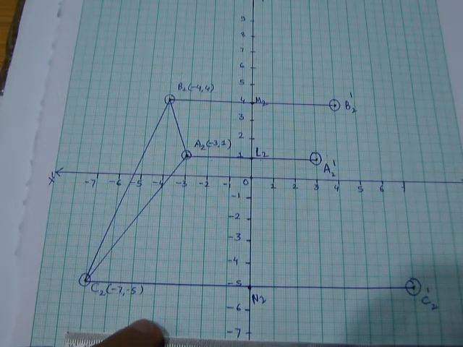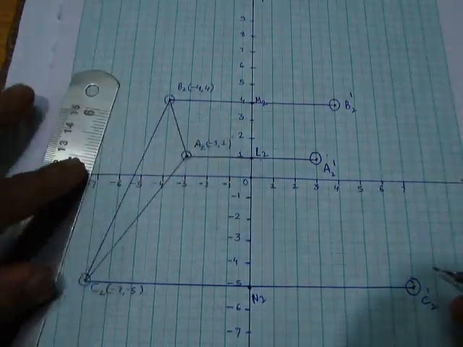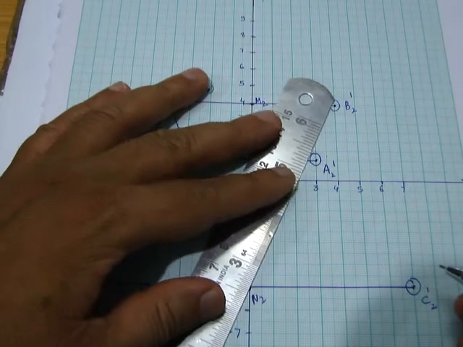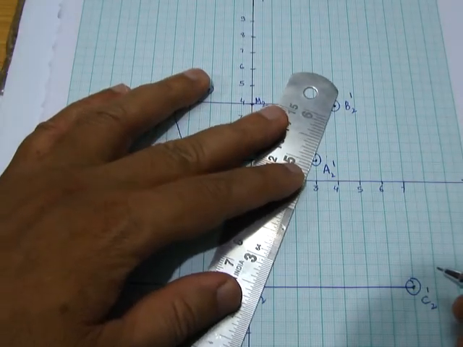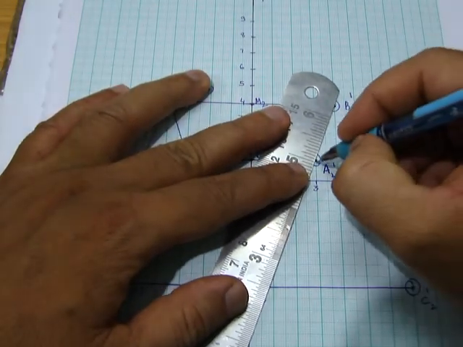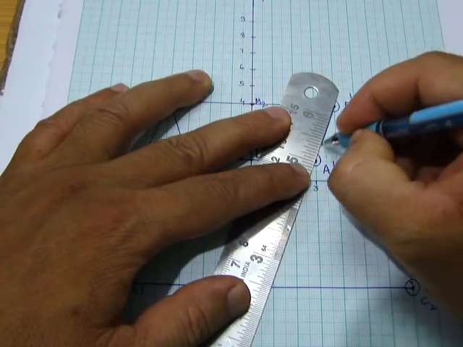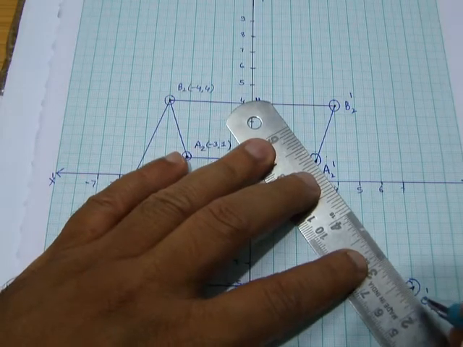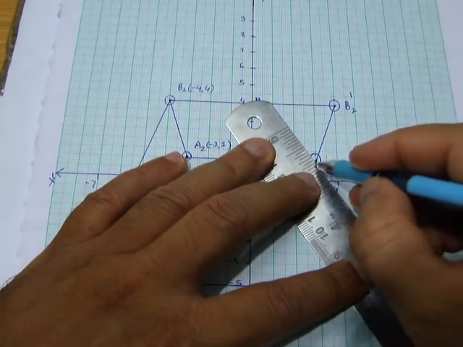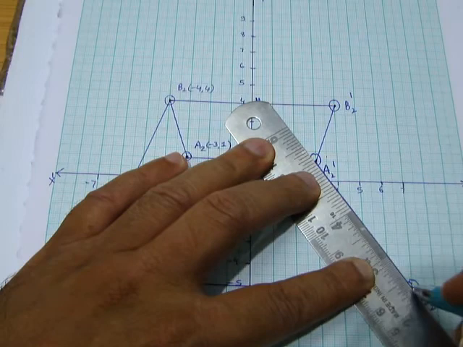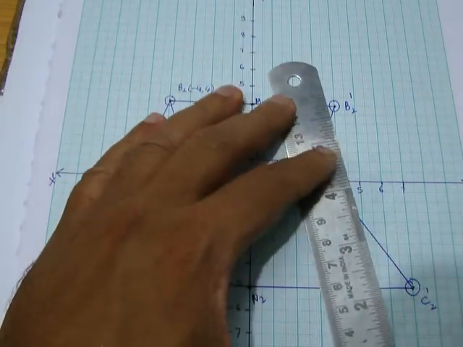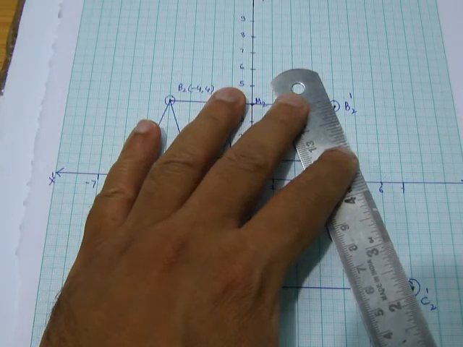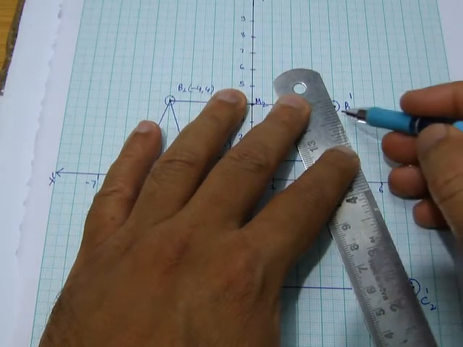Now we will join A2 dash and B2 dash, and A2 dash and C2 dash, and B2 dash and C2 dash.